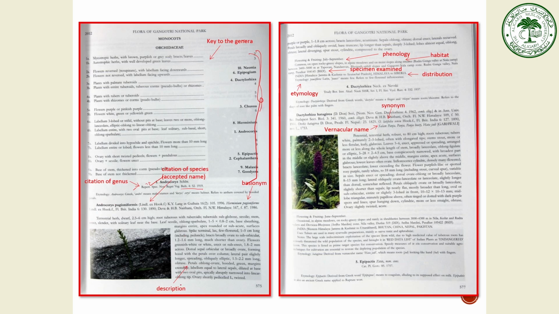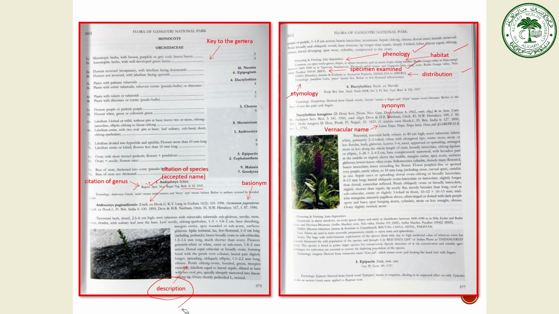You can see the description of the particular plant species. Then there is phenology, habitat, specimen examined. Here you can see the etymology and its distribution. So here is the synonym and vernacular name. So you can see all this information. And first of all, it is supplemented with a key, which is very important for the identification of genera of Orchidaceae in this particular Flora of Gangotri National Park.